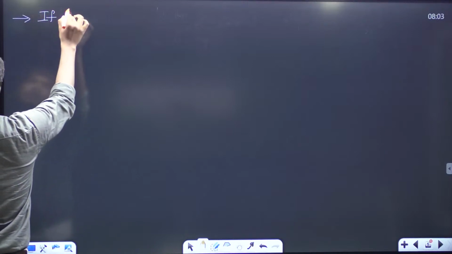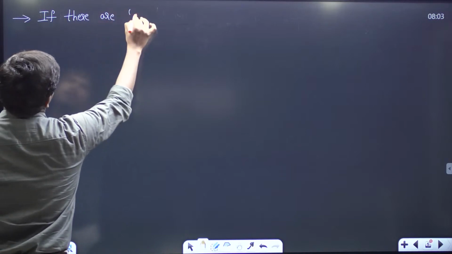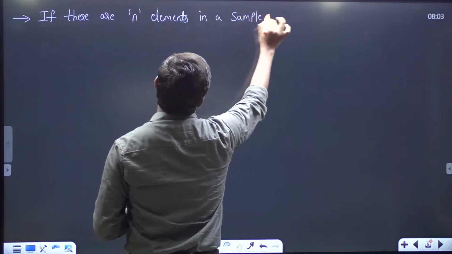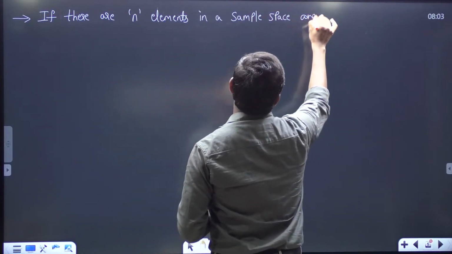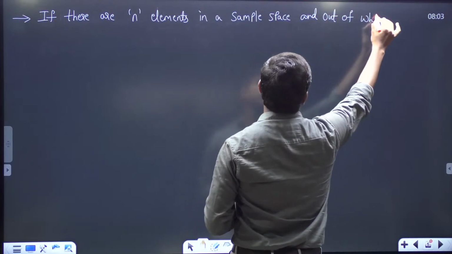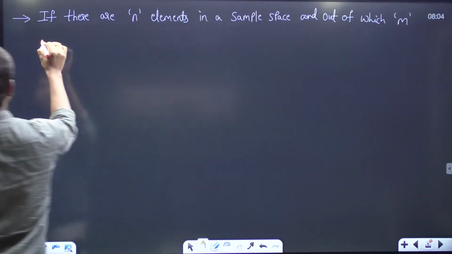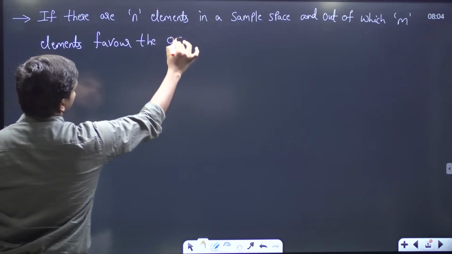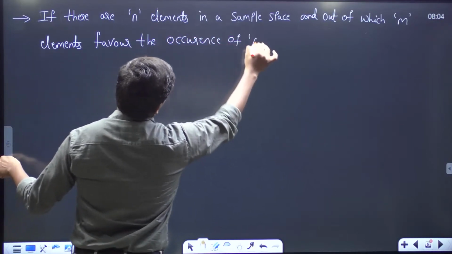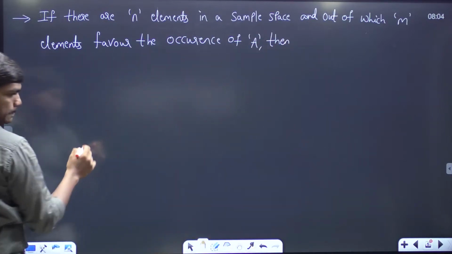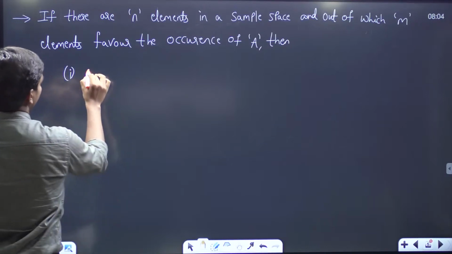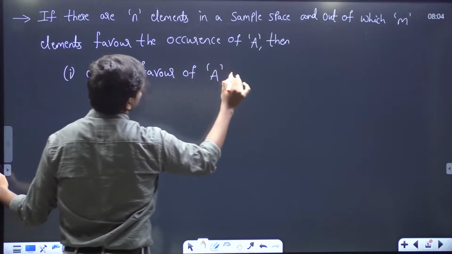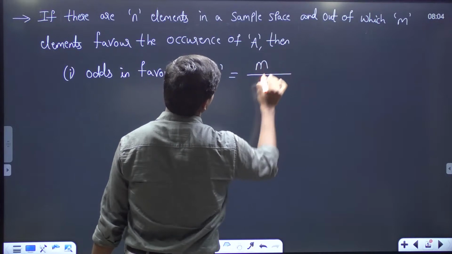If there are n elements in a sample space, out of which m elements favor the occurrence of A, then first, odds in favor of A is written as m divided by n minus m.